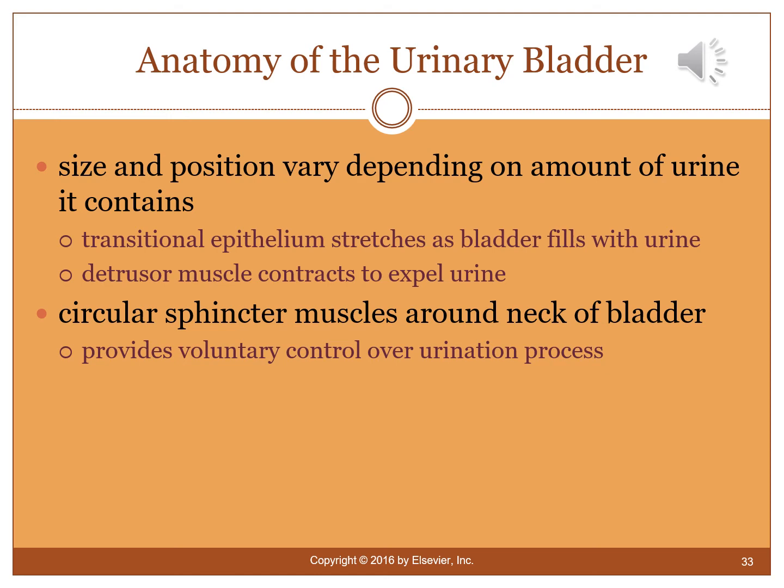So sometimes we'll use it to help with that muscle contraction if it's there. And then there are circular sphincter muscles around the neck of the bladder that provide voluntary control. So when you're holding your bladder, you're voluntarily controlling these sphincter muscles to hold the urine.